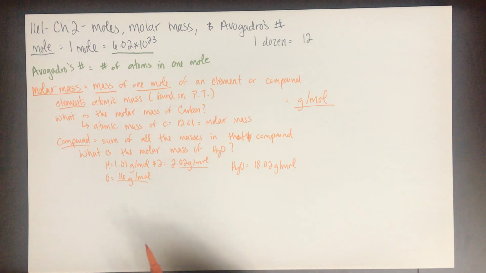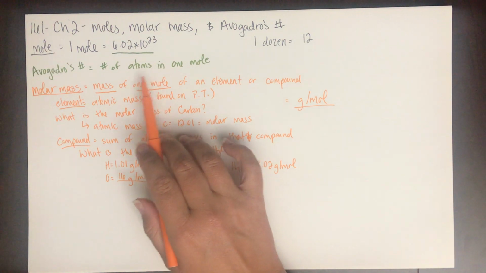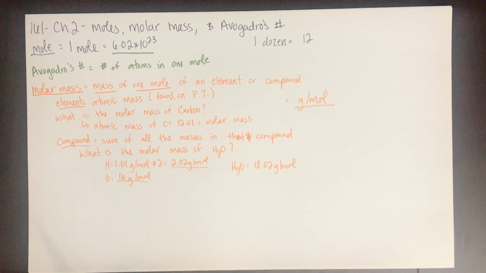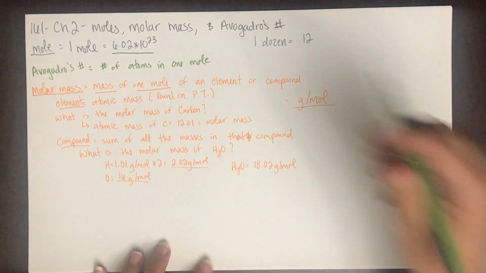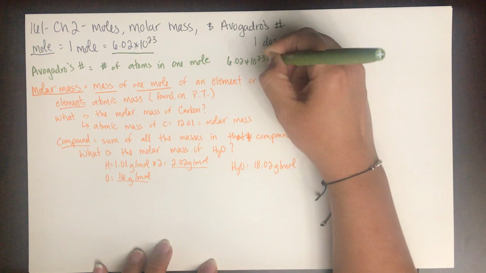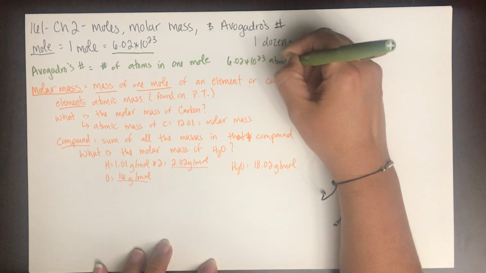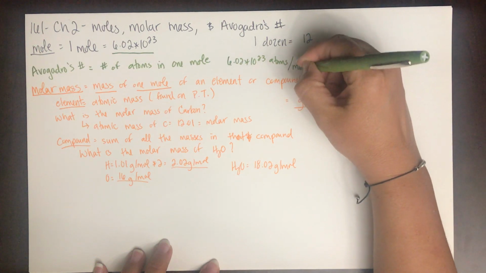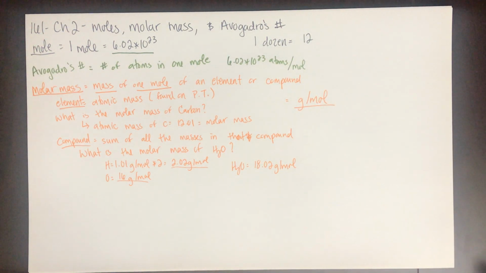Another thing that we can do with Avogadro's number is use it to determine how many atoms we have. So 6.02 times 10 to the 23rd atoms or molecules, depending on what you're talking about, per mole. So now we have two new things that we've learned.